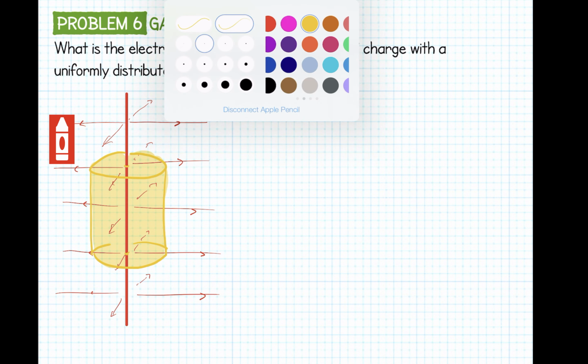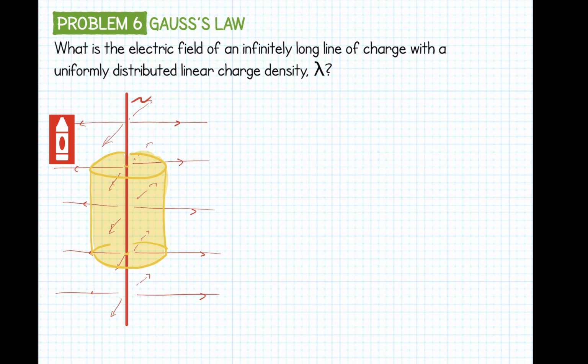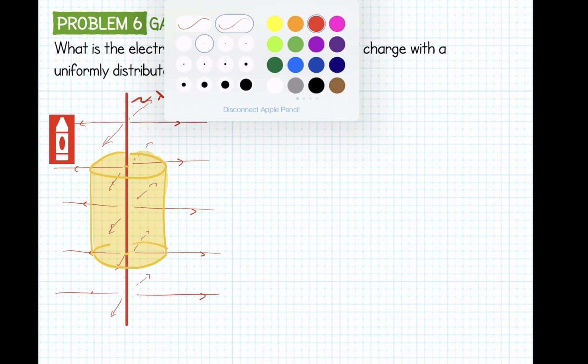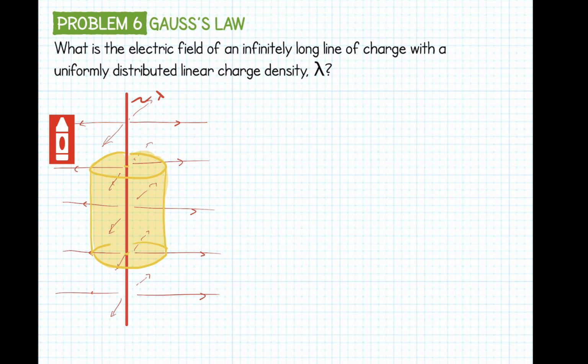Now, the line of charge has a charge density, which we'll call lambda, okay? It's uniformly distributed, and remember, we have to go back to what we know the answer is, which is that we know the electric field for an infinite line is 2k lambda over r.